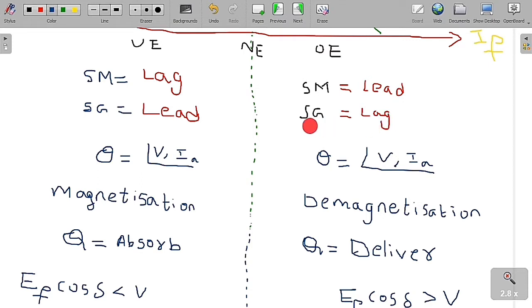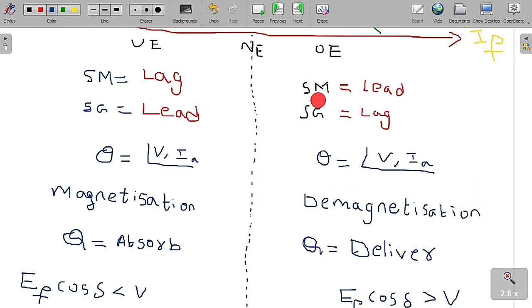For a synchronous generator, lagging means IA lags V, and for a synchronous motor, leading means the current IA leads V. Similarly, for a synchronous generator, leading means the current IA leads V, and for a synchronous motor, lagging means the current IA lags V. So for both the motor and generator, we have defined the power factor with respect to theta, the phase angle between V and IA. Under over excitation, for both synchronous motor and synchronous generator, the armature reaction is always demagnetizing.